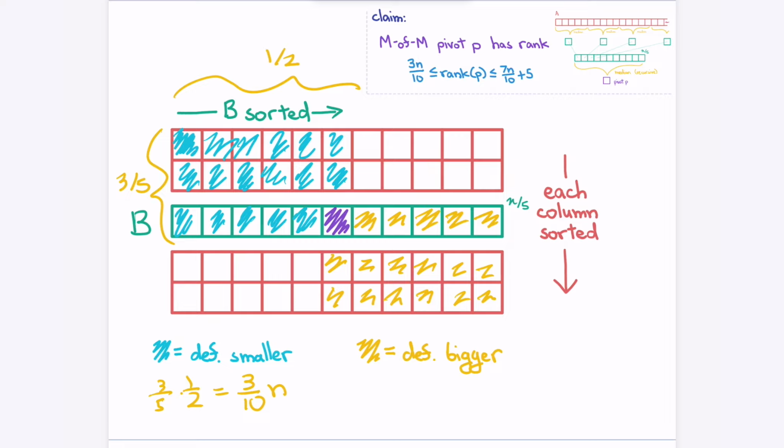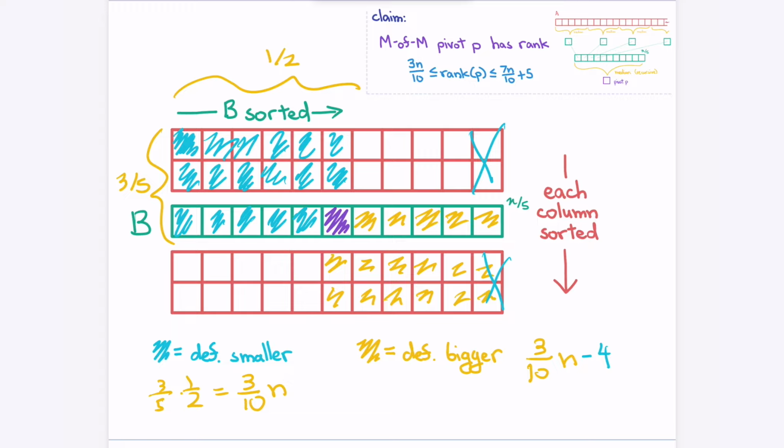Roughly 3/10. The only thing slightly misleading about this picture is that the last column might only have one element in it. So maybe you subtract four or something, but that's not a big deal, because the input might not be cleanly divisible by five. You might have one or two or three left over.